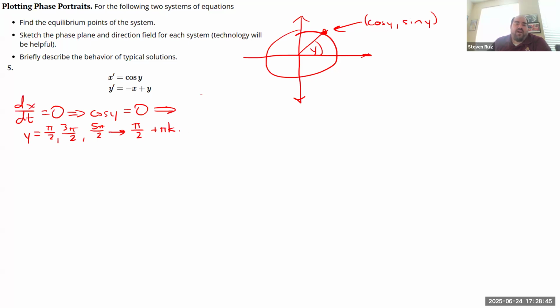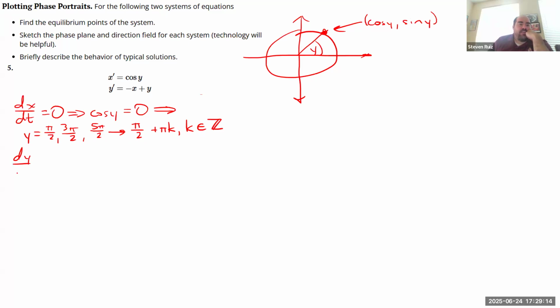So pi over 2 plus pi k, given that k is in Z, which is the integers. So as long as k is any integer, then that's essentially my null line, this collection of values. If y is equal to pi over 2 plus any integer multiple of pi.